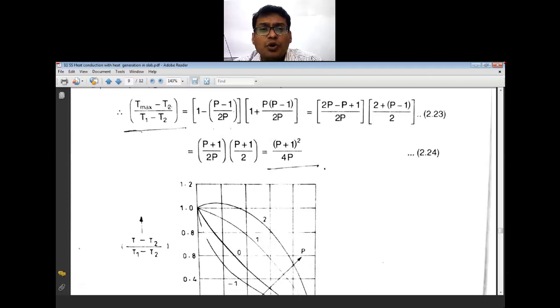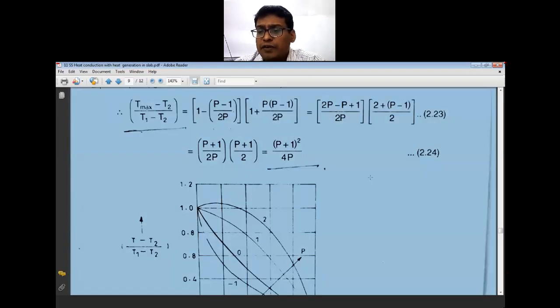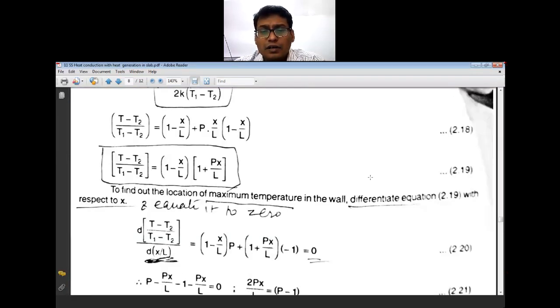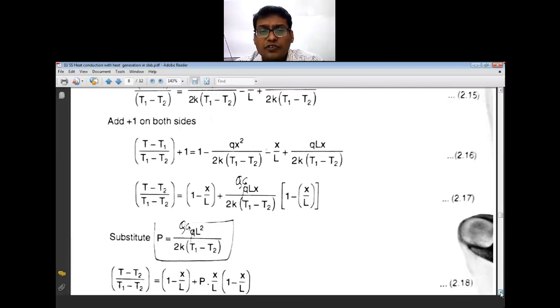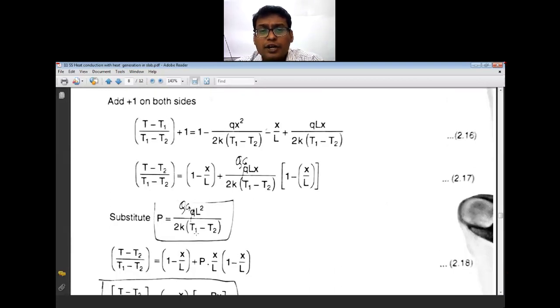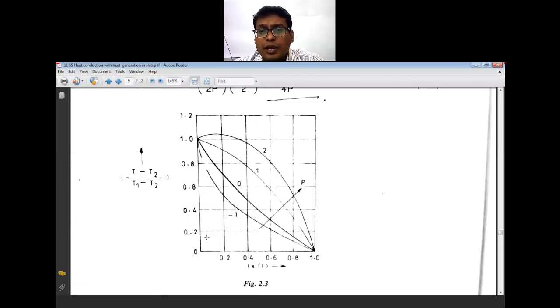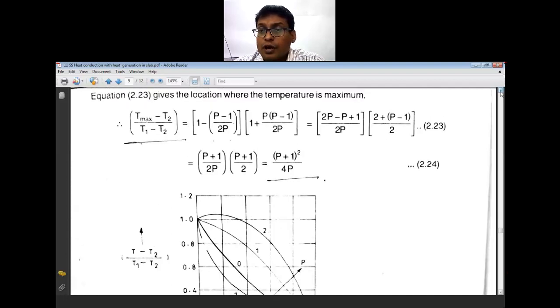(T maximum minus T2) upon (T1 minus T2) will come as (P plus 1) upon 2P, which is equal to (P plus 1) square upon 4P, where P has the value Q dot L square upon 2K (T1 minus T2). This is the temperature T maximum that has been calculated.